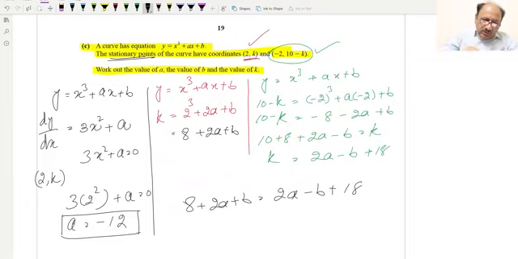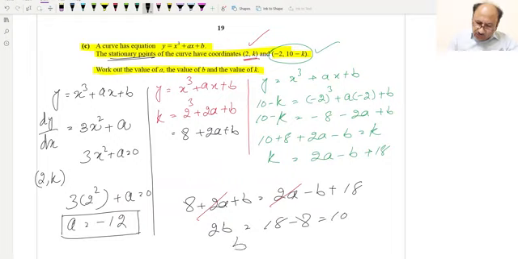Now 2a we can cancel, which is on both sides, and we can send this minus b to the other side, so 2b is equal to 18 minus 8, which is equal to 10, so b will be equal to 10 over 2, which is equal to 5. So b is equal to 5. This is the value which we got.